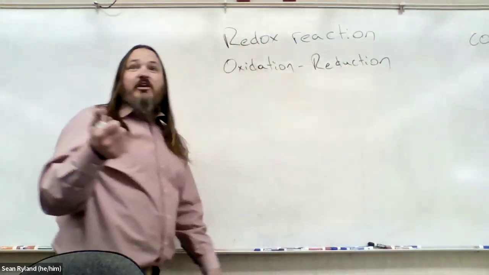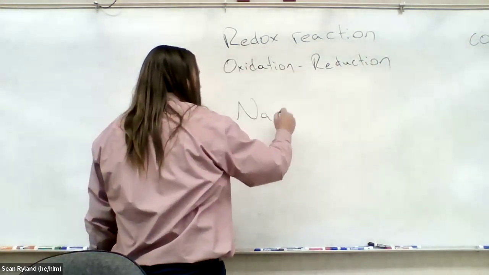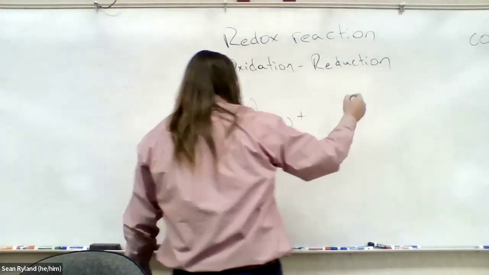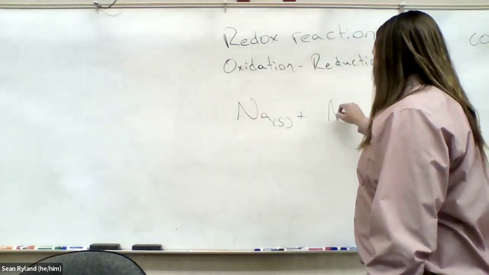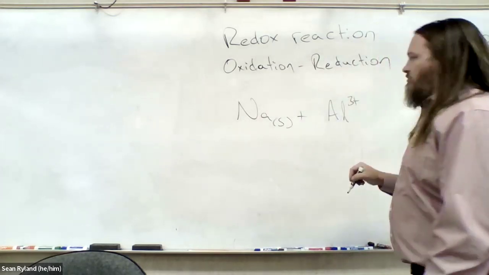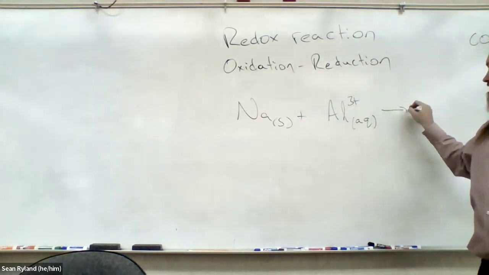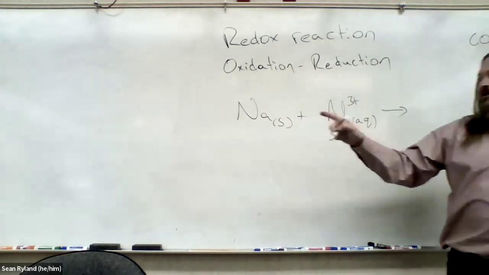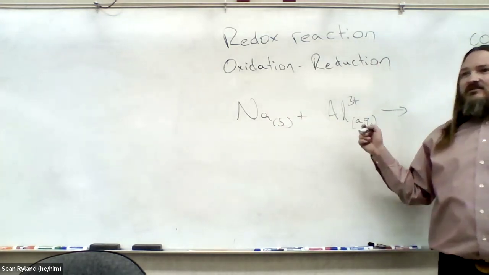So sometimes it's really obvious. If you have something like sodium metal and, we'll just use, aluminum ion, and these two things react together, sodium is way better at giving away its electrons than aluminum is.